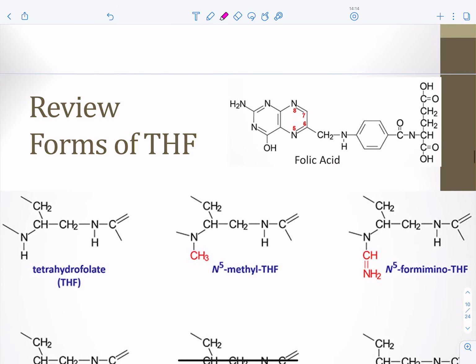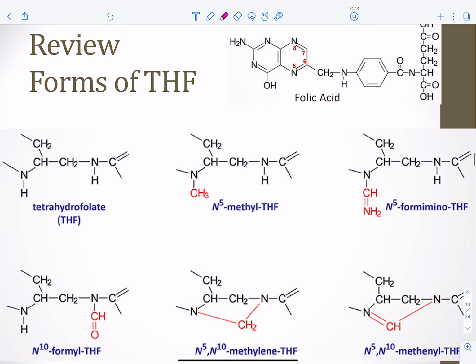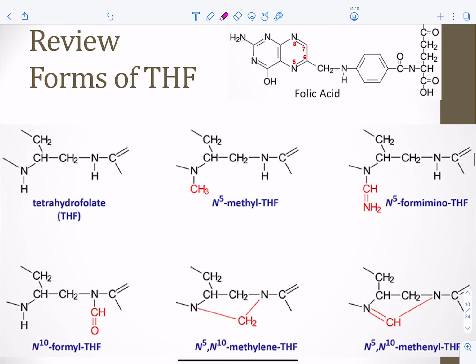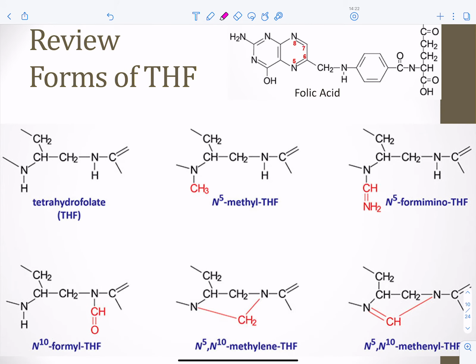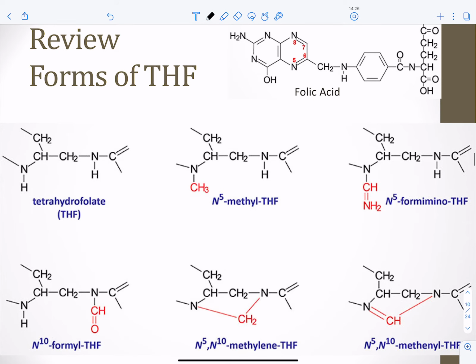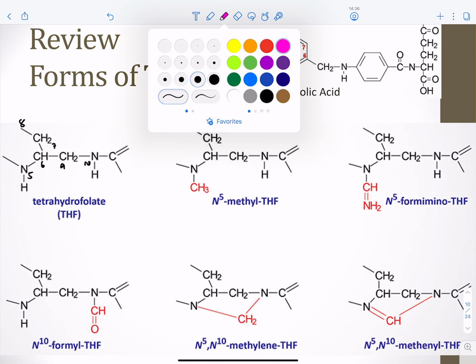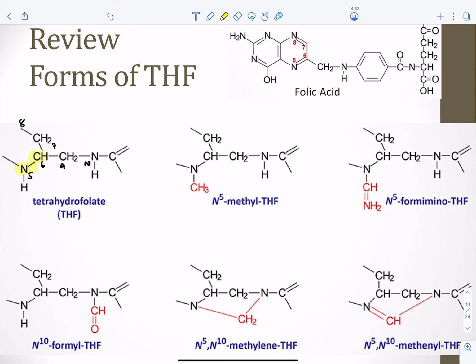Okay, so now we had this picture in our previous lecture about the different forms of tetrahydrofolate. And of course, in tetrahydrofolate, remember, positions 5, 6, 7, 8, 9, and 10 are numbered. And so tetrahydrofolate has a hydrogen group on 5, 6, 7, and 8.